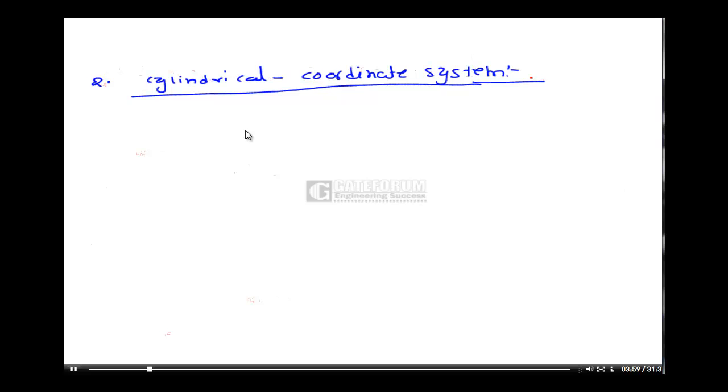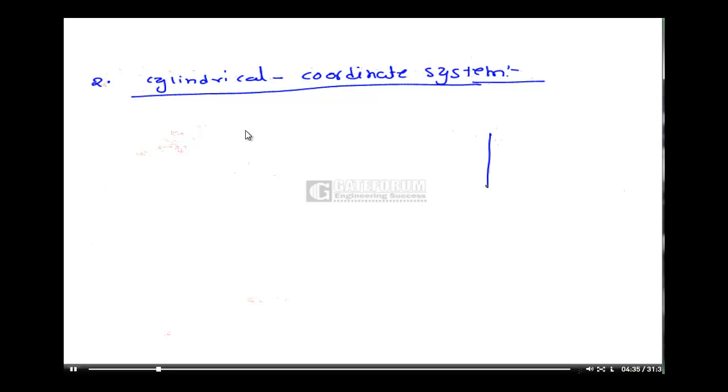When you are solving any electromagnetic problem, this cylindrical coordinate system is very convenient whenever we are solving electromagnetic problems having cylindrical symmetry. In such cases, this cylindrical coordinate system is very useful.